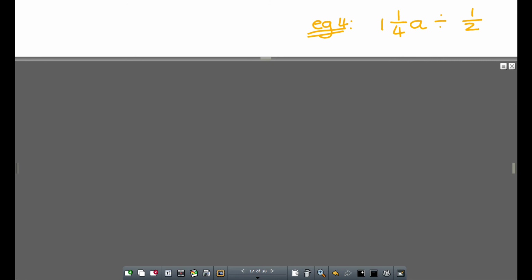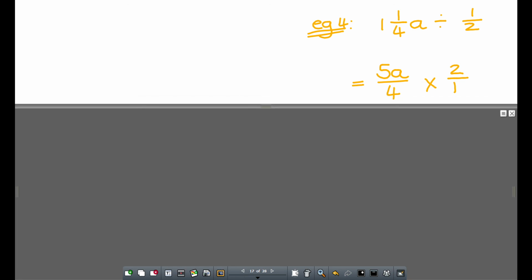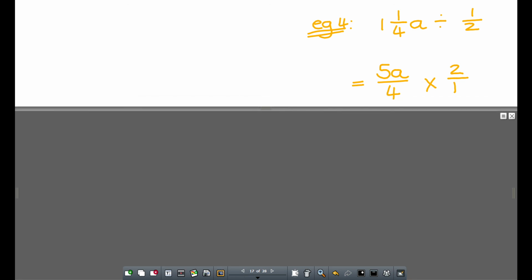So 1 1/4 will be 5 over 4, and the a we put at the top. Now you will see that the division sign I changed to a multiplication. And when we do that, it means that what was written after the division sign must switch around. So now that half switches and becomes 2 over 1.